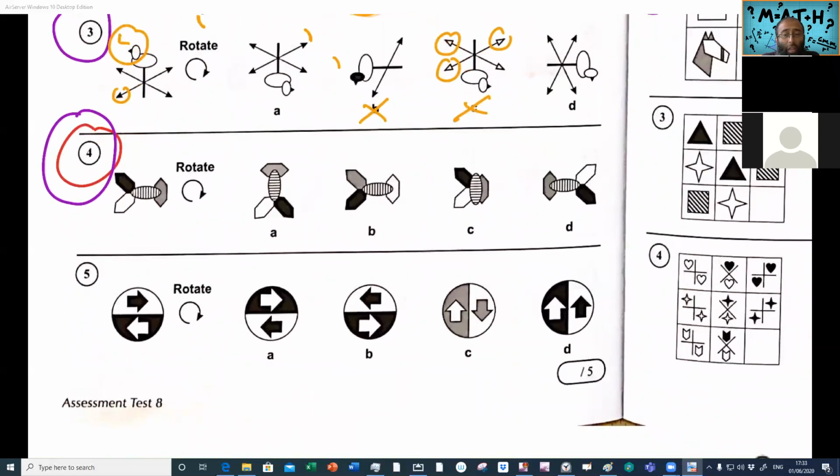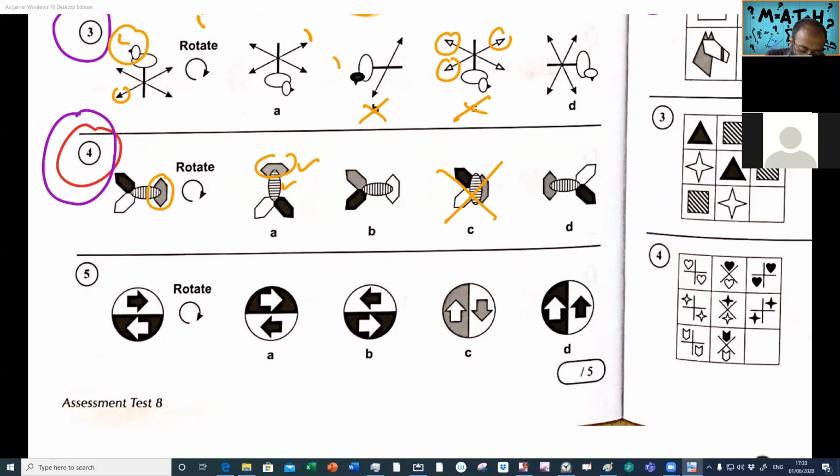Okay, question number 4, rotation again. So let's look at the shapes. What we should do first of all quickly is eliminate all the rubbish answers. I can tell you for free, that's just nonsense. C is just wrong. Now, if we turn the shape around, so the base is up here, the line is okay.